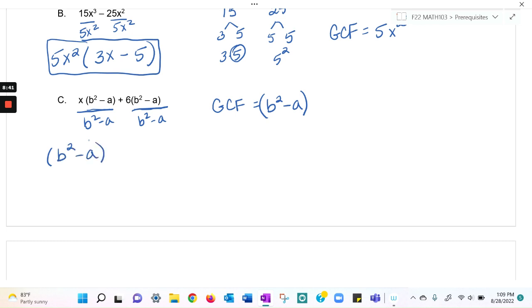Otherwise, it looks like just the a got factored out. And then we'll have x plus 6. And that is the answer to that one.